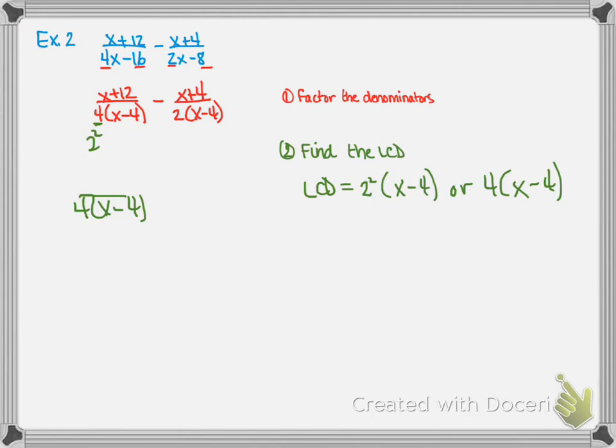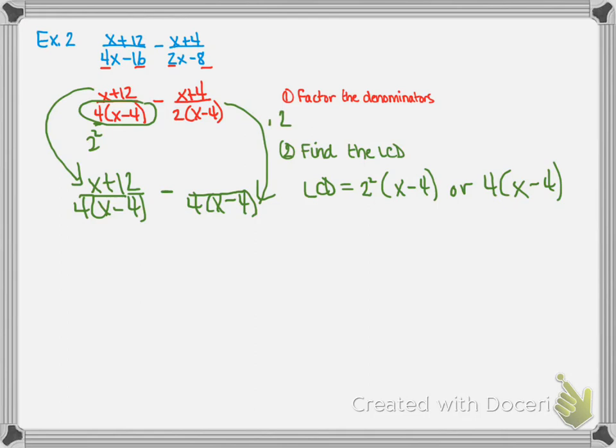Okay, so let's rewrite this like we did in example 1 so that our denominators are now 4 times x minus 4. That was our original denominator in the first fraction, so I just need to write the original numerator, x plus 12. Now, 2 times x minus 4 times what gets me the 4 times x minus 4?